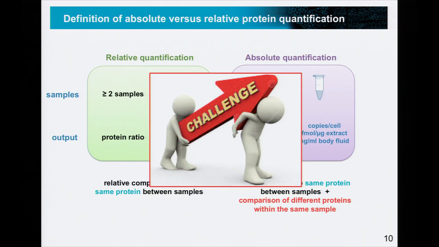We will talk about them in the last part of the presentation a bit more clearly. And this is why you should always aim for the quantification type that you really need in your measurement. And if it's okay to do relative quantification, you should definitely go for relative quantification and only go through the hassle of doing absolute quantification when it's really needed for your project.